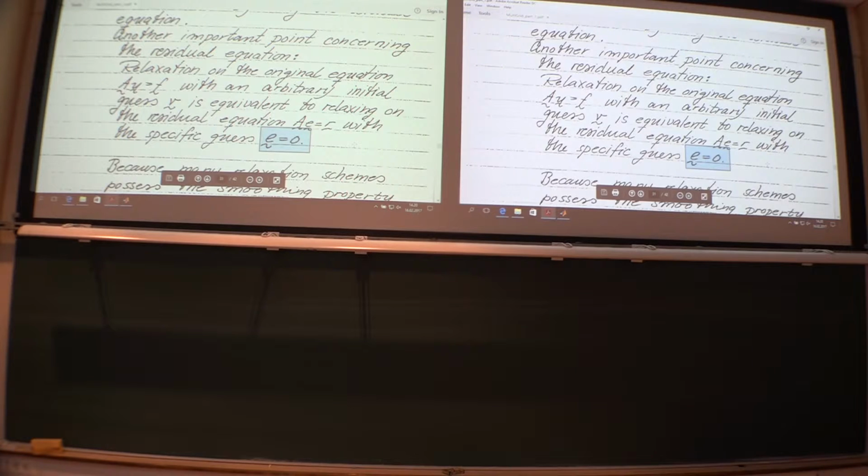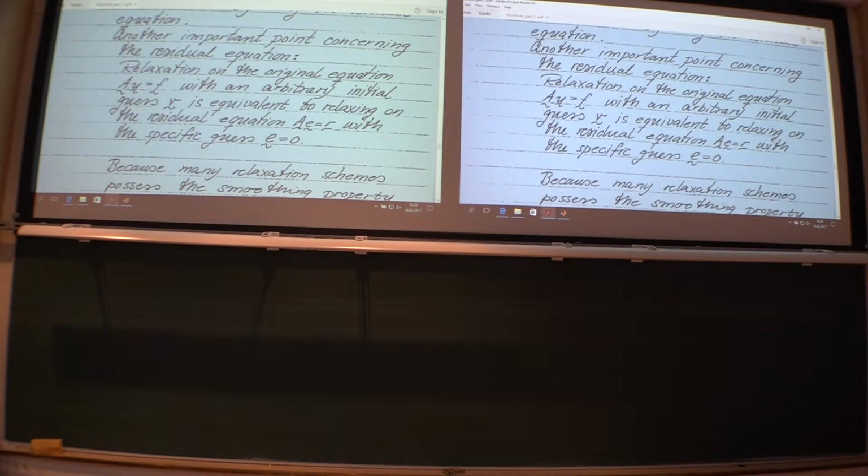Then on the coarse mesh, we are seeking the new error, and then of course we have a beautiful choice in 0 for the error. We need something initially to solve this residual equation here on the coarse mesh. We know the right-hand side, but we then have to start with something for the unknown, which is then the error. Of course, we start with 0. That's the whole point.